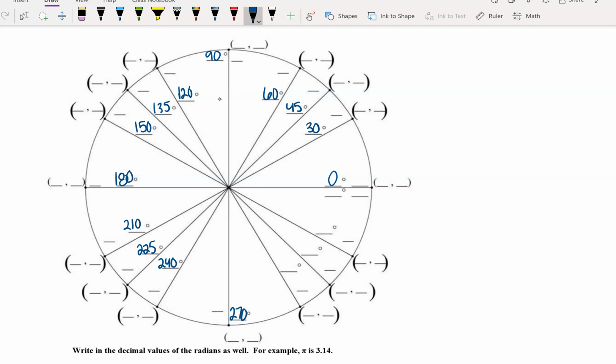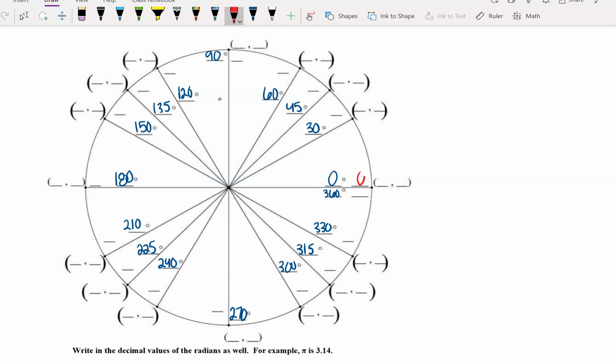All right, plus another 30 is 300 degrees, plus 15 is 315, plus another 15 is 330, big gap here, plus another 30 brings us to 360, which hopefully makes sense because that's all the way around the circle. Now we'll do all the radian measures.